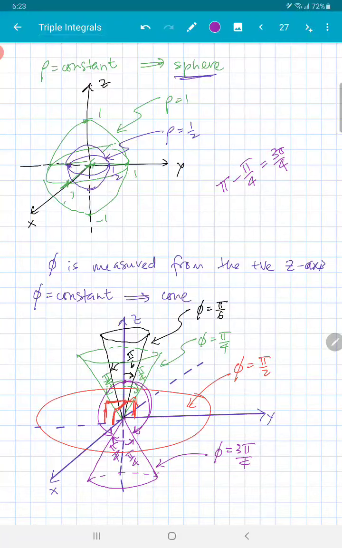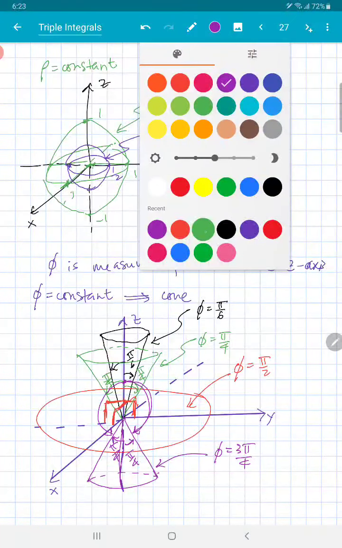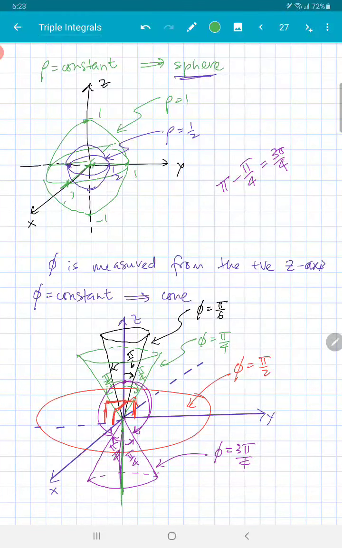And if you go all the way, phi equals pi, then what you have is the negative z-axis. So if you measure from the positive z-axis all the way to the negative z-axis, either from the left or this way, then this is phi equals pi.